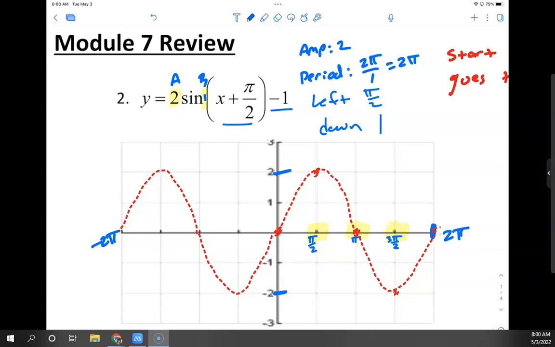Just start wherever you want and go left 1, down 1 for all your points. So it's going to go boom, boom, boom, boom, boom, boom, and then just complete the cycle.